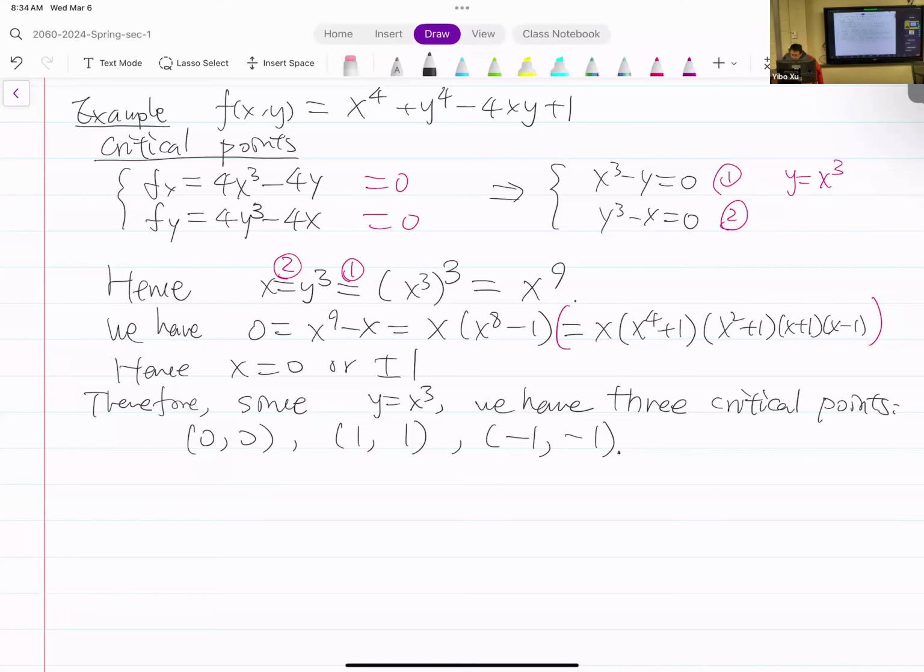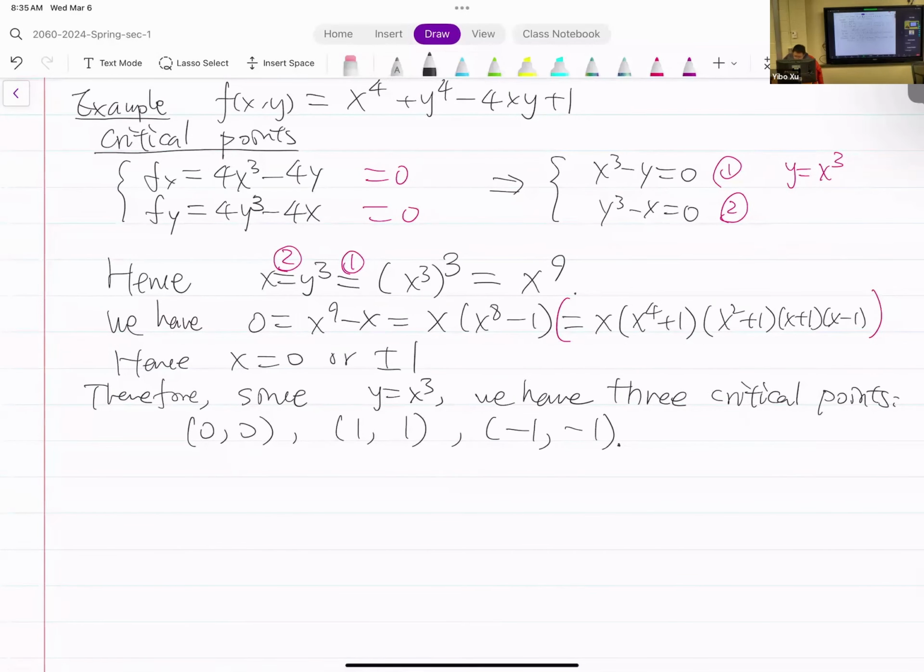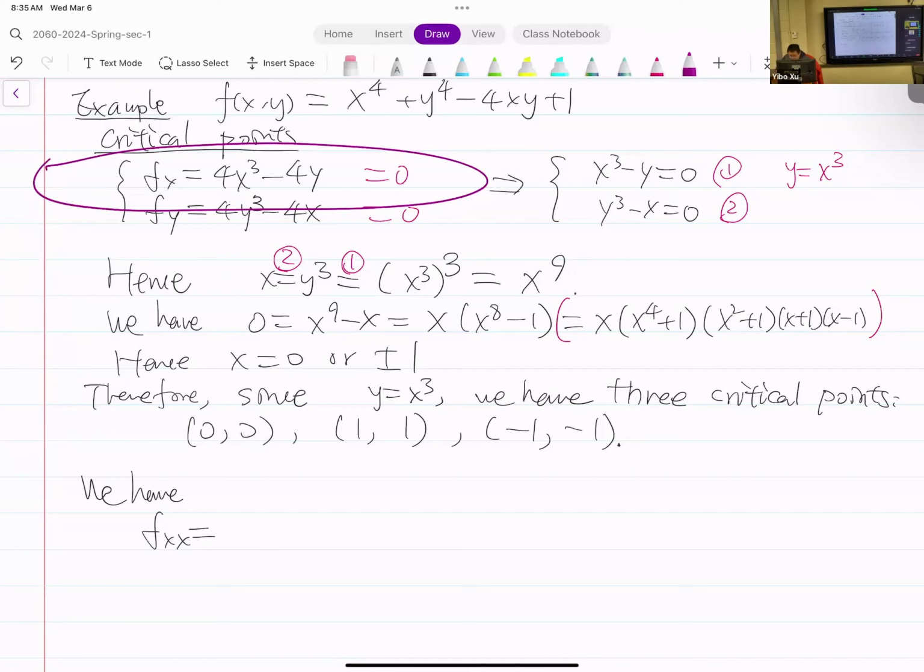Okay, so now we just need to study that determinant capital D in the second derivative test for all these 3 points. So now we just calculate the second order partials. So f sub xx. f sub x is this equation right here: 4x cubed minus 4y, right? So we do the partial with respect to x, and that gives you 12x squared.